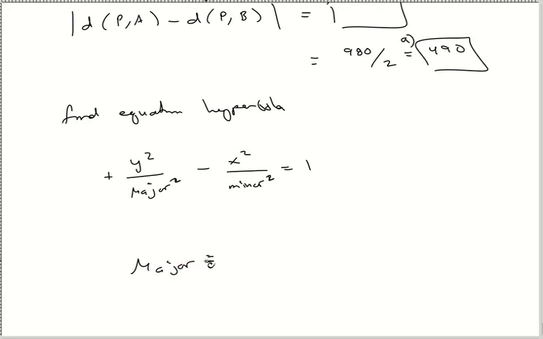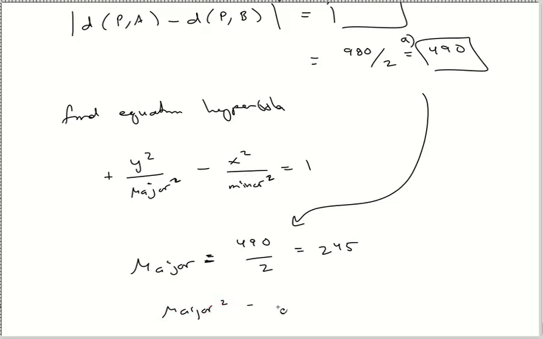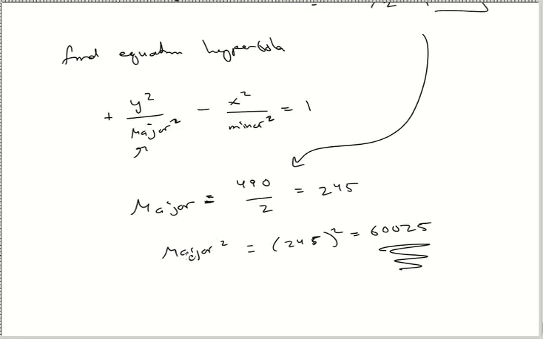You take that 490 that you got right there and divide it by 2 to make 245, and that's your major. Later on, we're going to need major squared, so you square the 245 to make 60025. That's going to be important later. We're going to use that number right there.